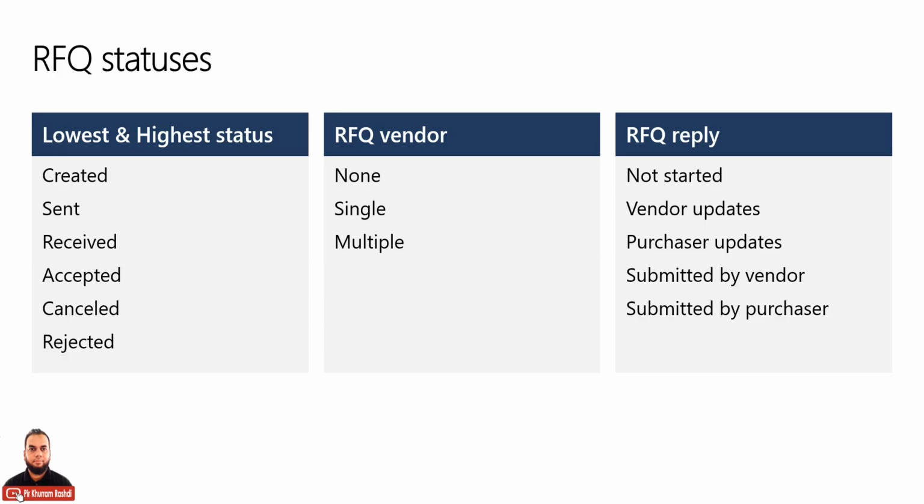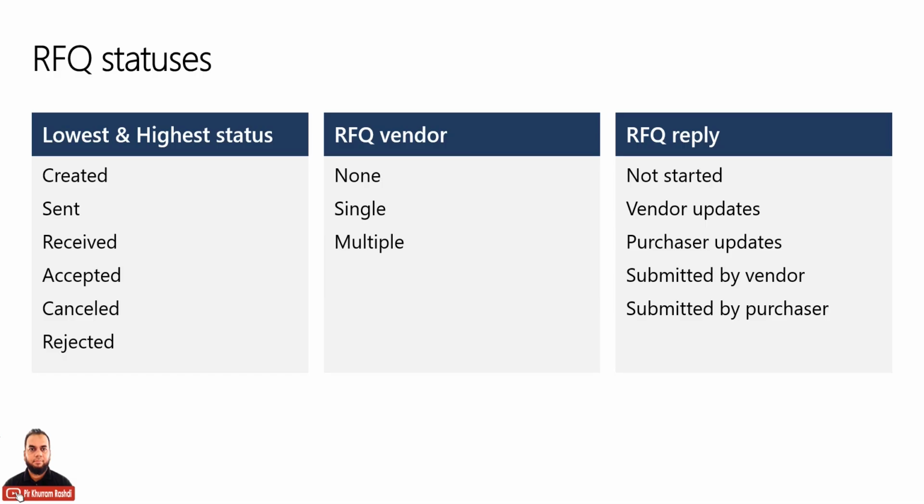Once replies from any of the vendors or suppliers are received, it will be converted to received state. And once you choose from the comparison form on the basis of price and quality among multiple replies, that can be in accepted state, and the remaining you can reject, and we cannot reuse those later on.